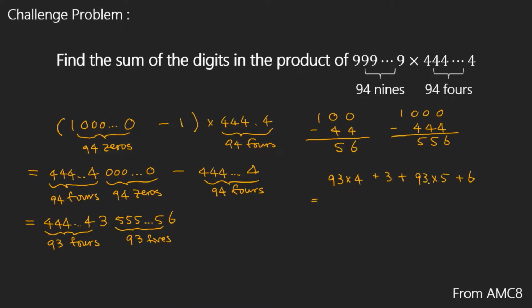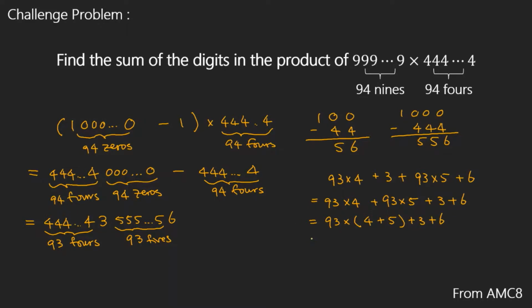Now let's move this 93 times 5 next to 93 times 4. So this gives me 93 times 4 plus 93 times 5. And then we have plus 3 and plus 6. Okay, so 93 here is common in both terms, so we're going to factor it out. That becomes 93 times parentheses. What's left is a 4 plus a 5 plus 3 plus 6.